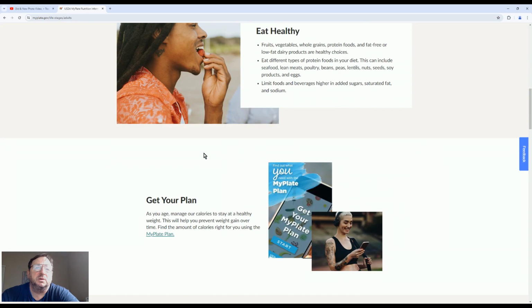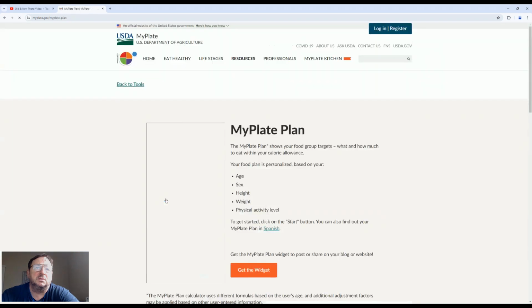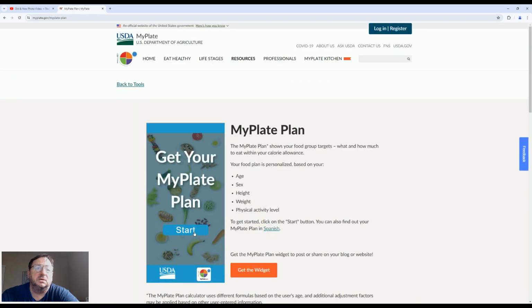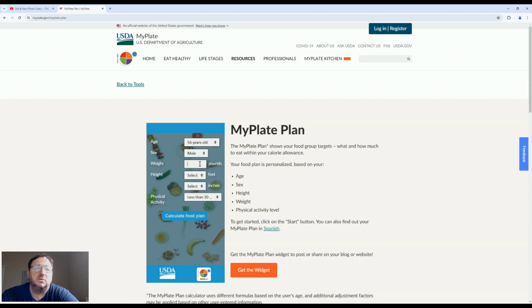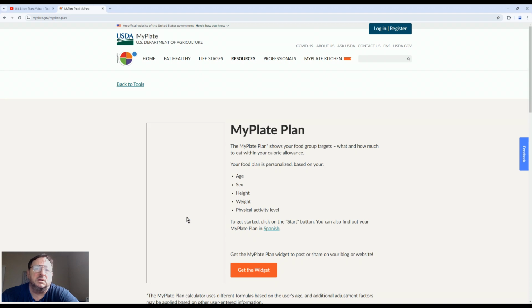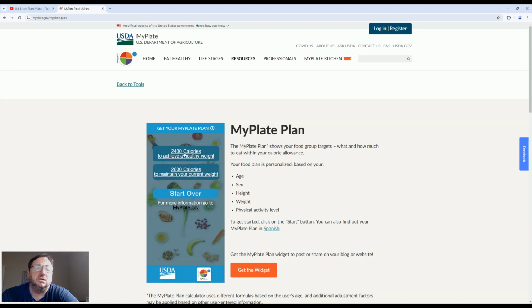Suppose I put, so you go to my plan, start, okay, age, suppose I put 56, male, weight 250, height 6'1", not much exercise, so I need 2,400 calories.